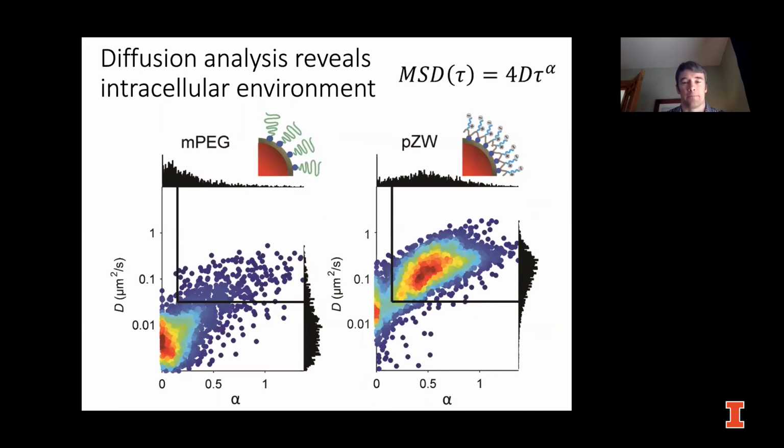The ones on the left here that were mostly immobile have this scatter plot showing what we extract from the diffusion measurements of these individual molecules: low diffusion coefficient and low alpha value, which is a measure of how much these can move spatially. This is very different than what you see here in the zwitterionic case on the right, that these are high mobility, highly diffusive, and they can move long distances, indicated by this alpha value.